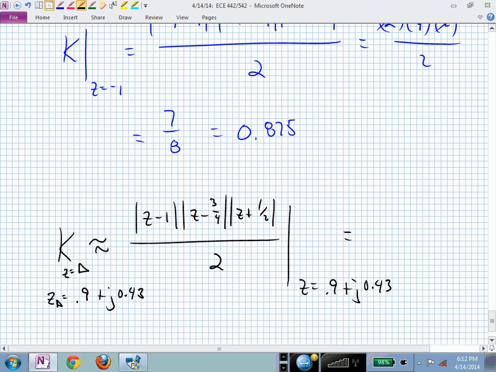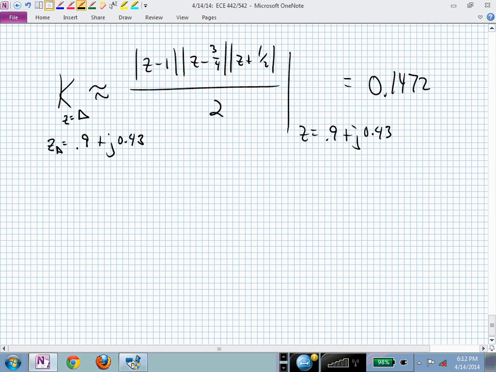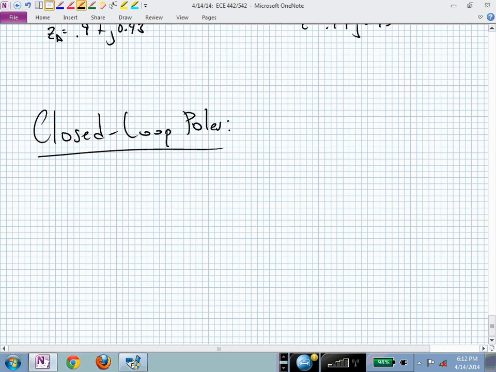And it ends up being quite a bit less than 0.875, 0.1472. And if you looked at the roots, where are your closed loop poles, or what governs those? That's the denominator of your closed loop transfer function.